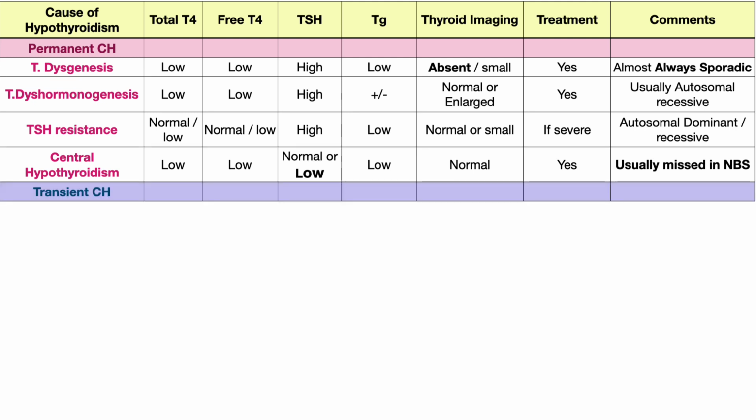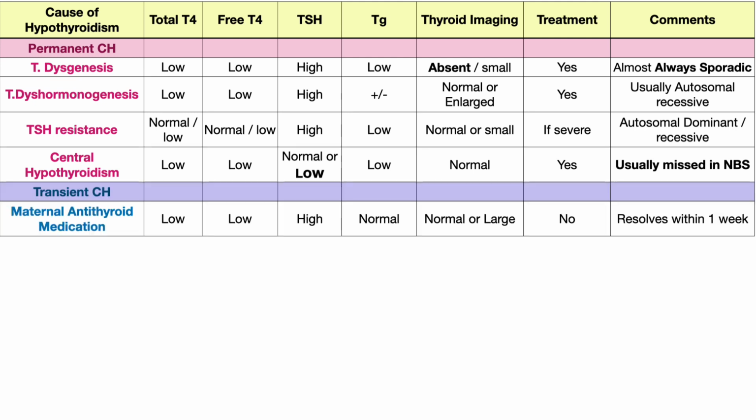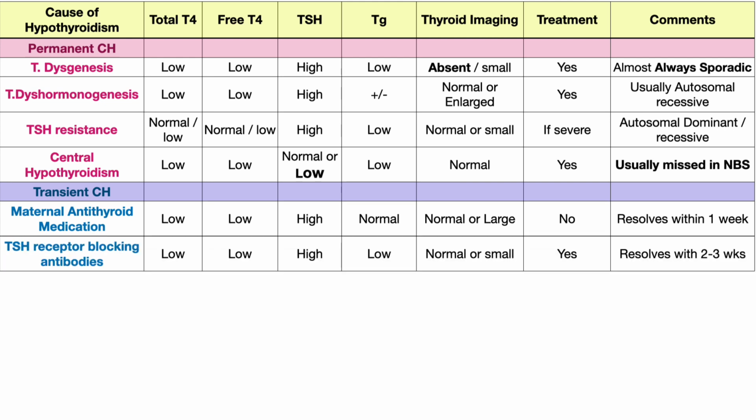Now coming to the transient congenital hypothyroidism, the first type is maternal anti-thyroid medication, in which again the T4 and free T4 will be low, the TSH will be high, and the TG is normal. Since it is a transient phenomenon, it does not require treatment and subsides by 1 week. The TSH receptor blocking antibodies: again the total T4 will be low, free T4 will be low, and the TSH will be high.